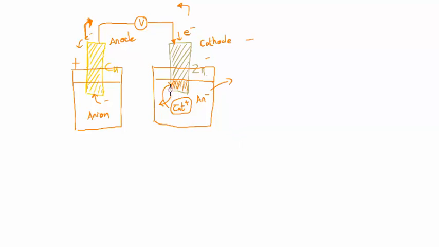But the moment that happens, the electrolytic solution loses a positive charge and becomes negatively charged because it's lost a cation, so it just attracts that cation back. So nothing's happening. Do you understand?